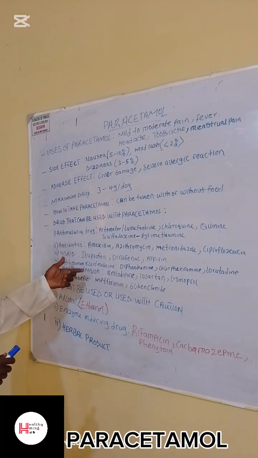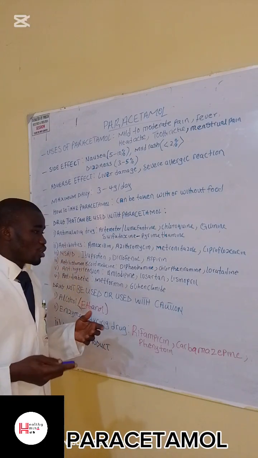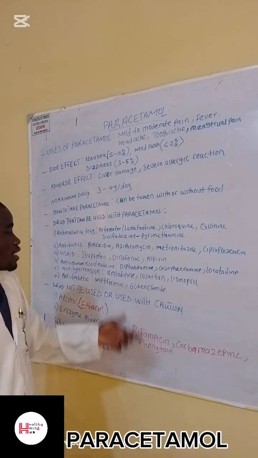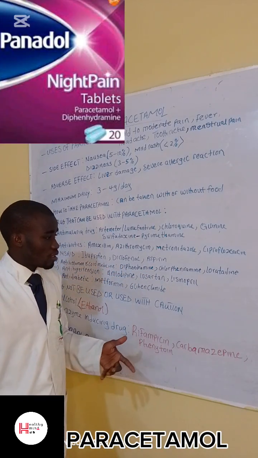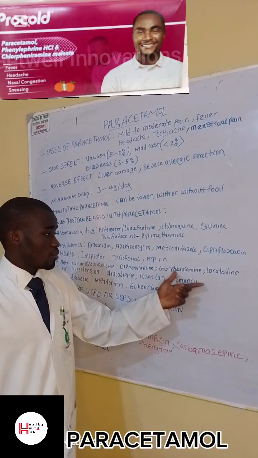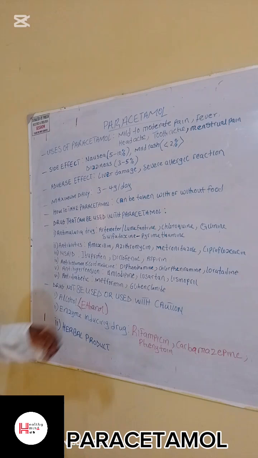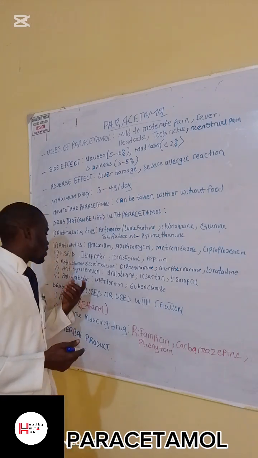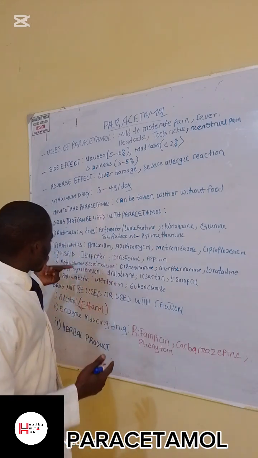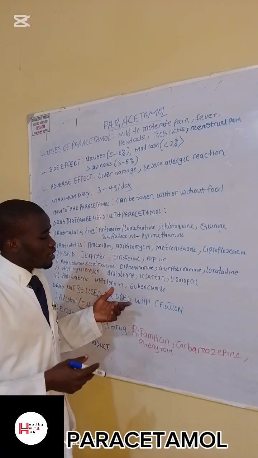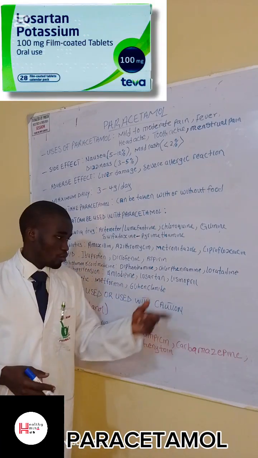And we also have antihistamines and cold medicine. When you're having a cold or catarrh, you always see paracetamol with diphenhydramine, or paracetamol with chlorpheniramine and loratadine. They are safe, antihistamine and cold medicine. And we also have antihypertensives. Paracetamol is also safe with antihypertensives like amlodipine, losartan, lisinopril.